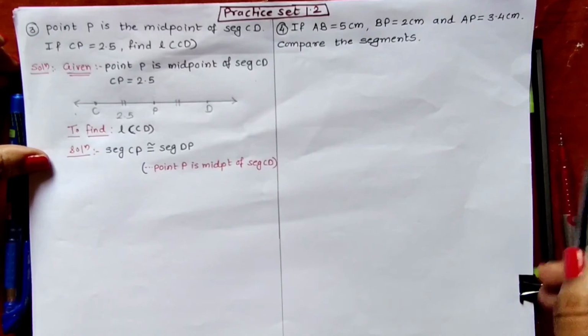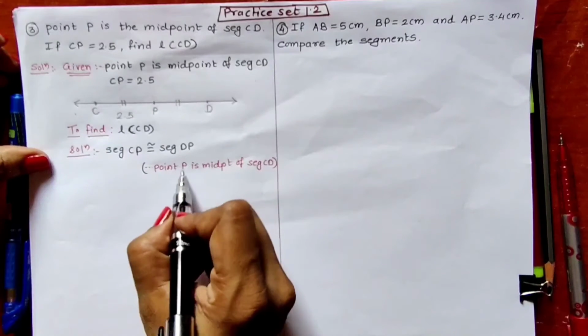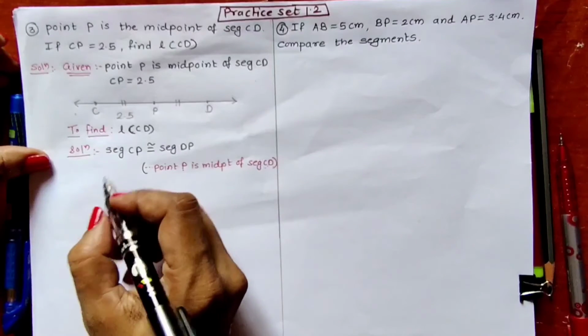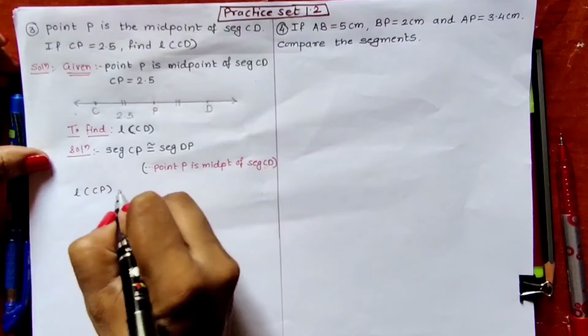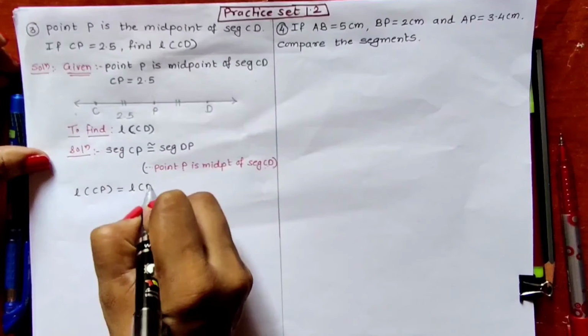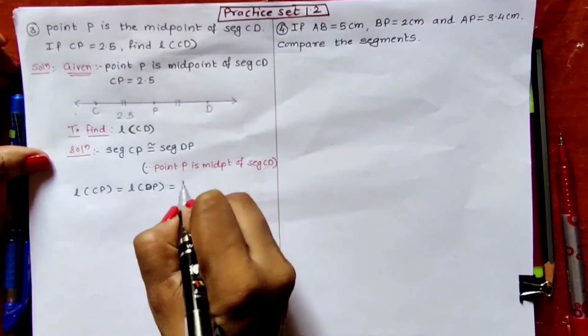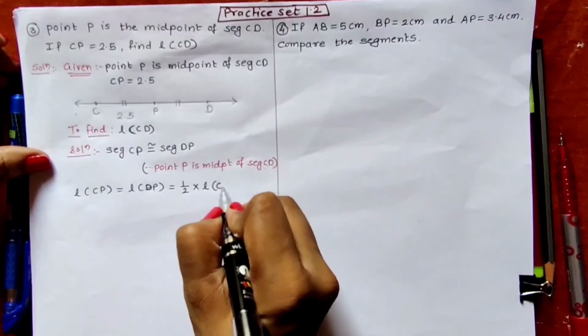Now we will be writing the second step. As point P is midpoint of seg CD, we can write that length CP is equal to length DP, and both these lengths are equal to 1/2 of length CD.